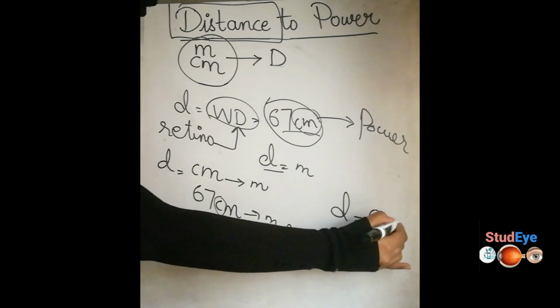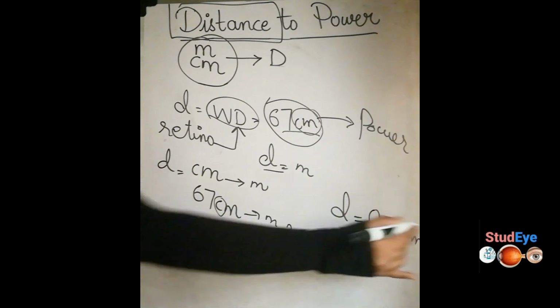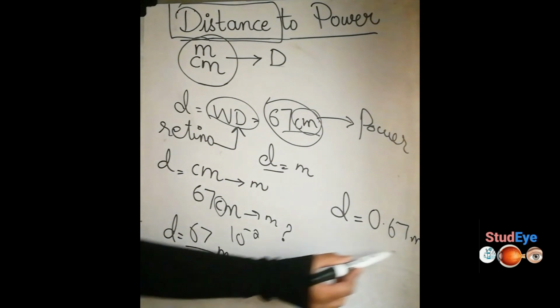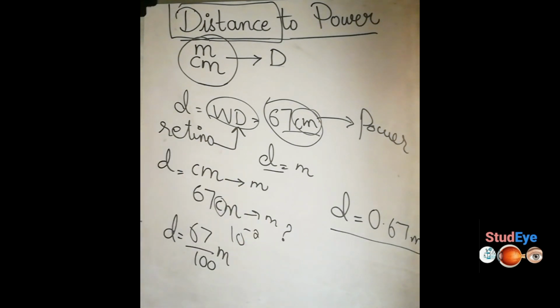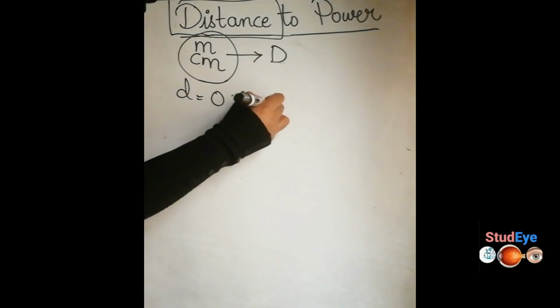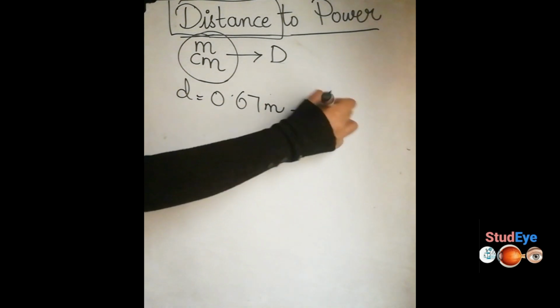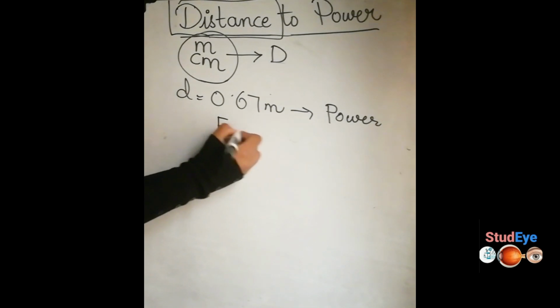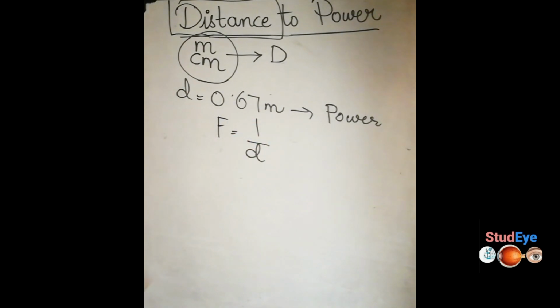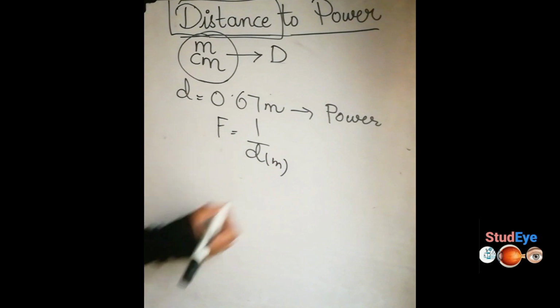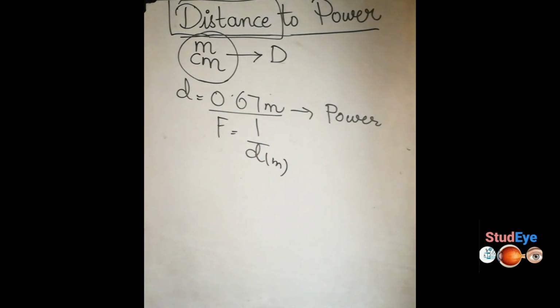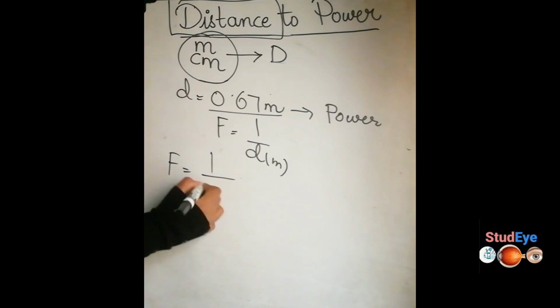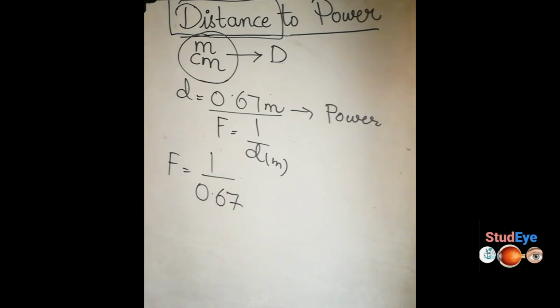Now that you have obtained the distance in meters, you are going to calculate the power from this distance. The formula for calculating the power is F equals 1 by d. d should be in meters, and we have obtained d in meters. So F equals 1 by 0.67 meters, which is approximately equal to 1.50, that is plus 1.50 diopters.